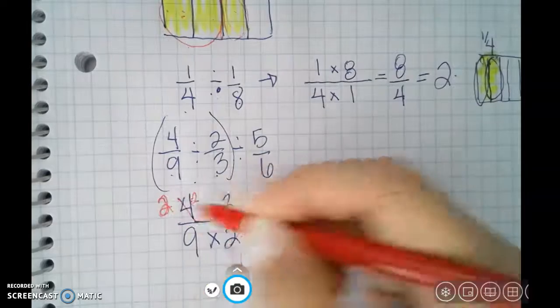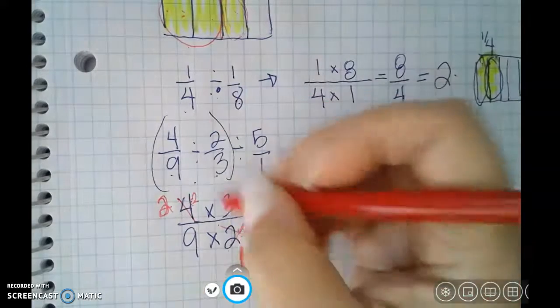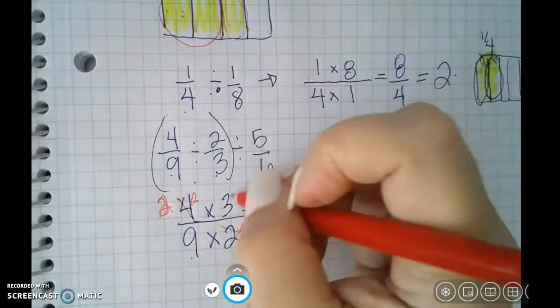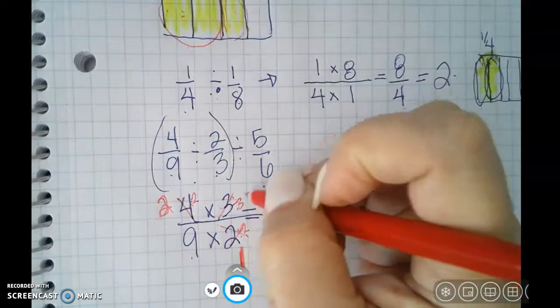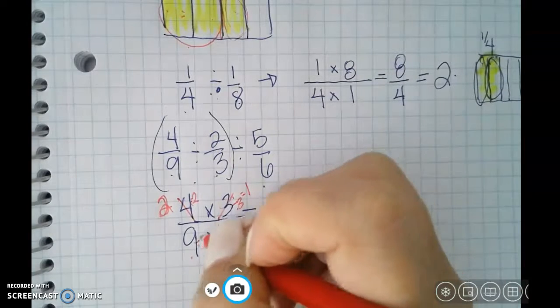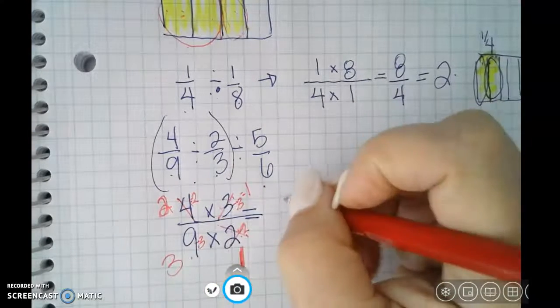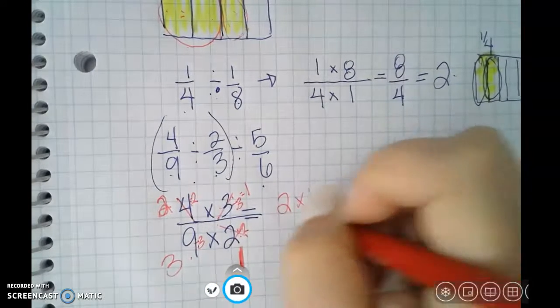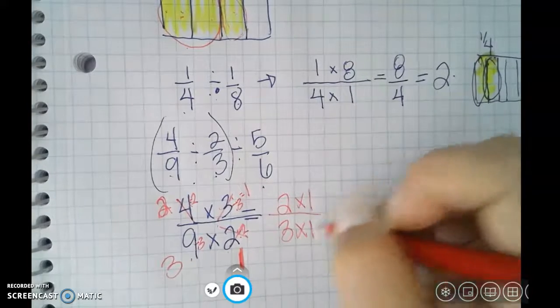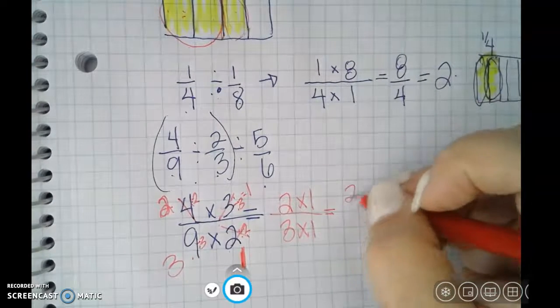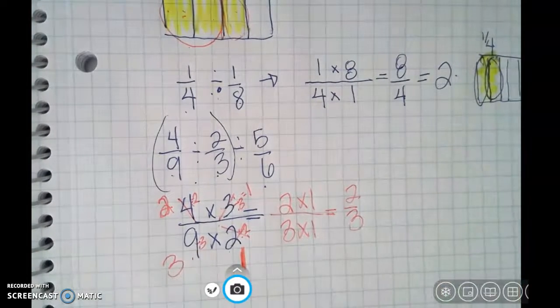So now I have 2 and 1 here. If I'm looking at 3 and 9, 3 divided by 3 equals 1. 9 divided by 3 equals 3. So now I have the problem 2 times 1 over 3 times 1, which equals 2/3.